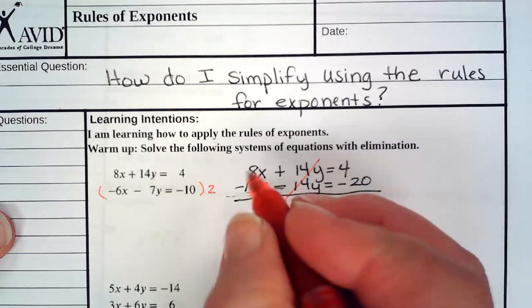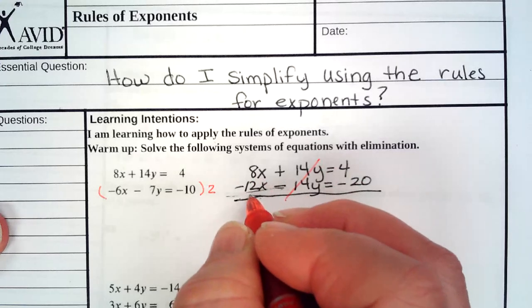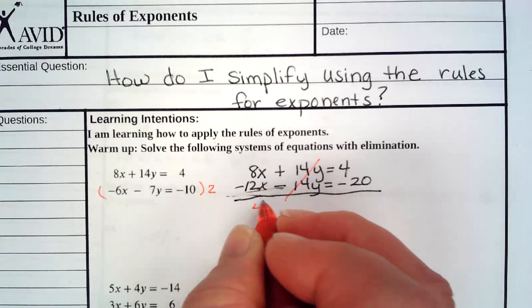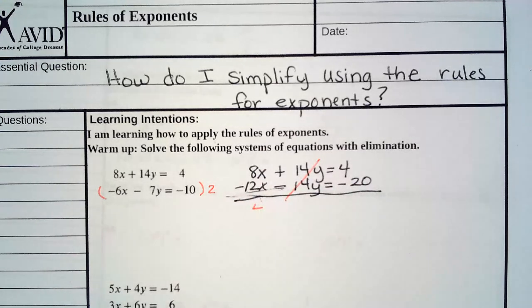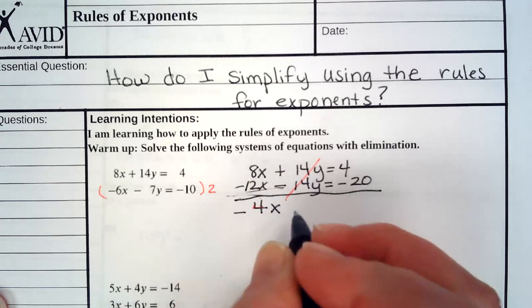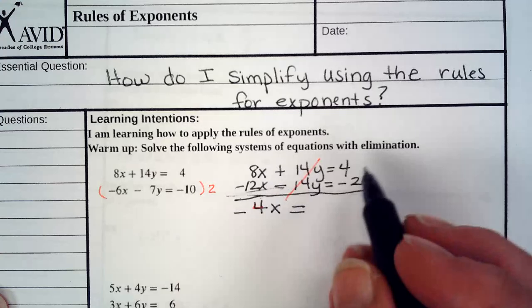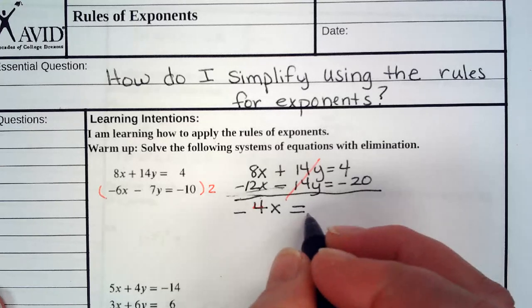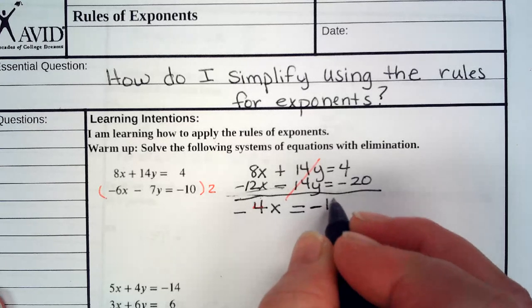I've eliminated them. 8 plus negative 12, they're opposite symbols, so I subtract. 12 minus 8 is 4. However, 12 is the bigger number, so it's a negative 4x is equal to 4 plus negative 20. Once again, find their difference. 20 minus 4 is 16. Keep the negative symbol.